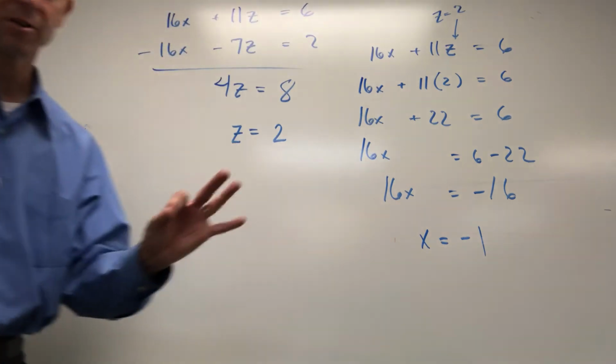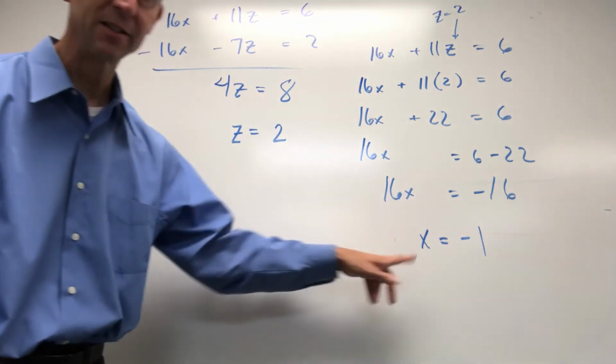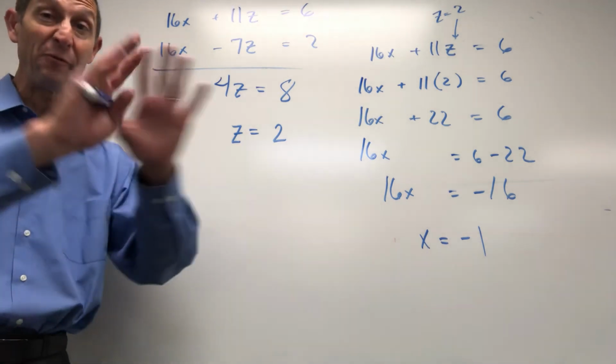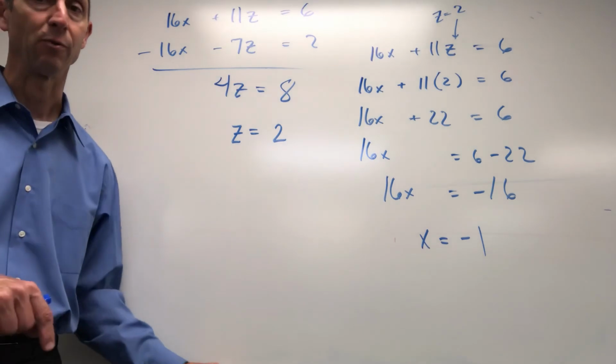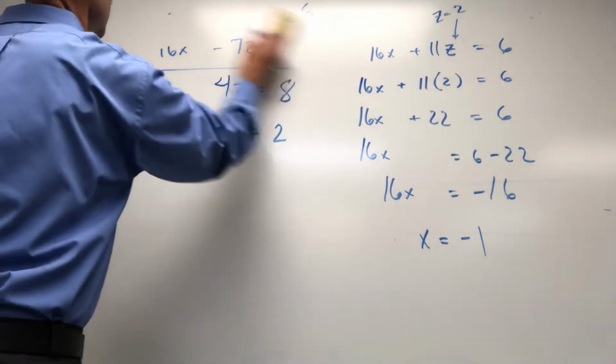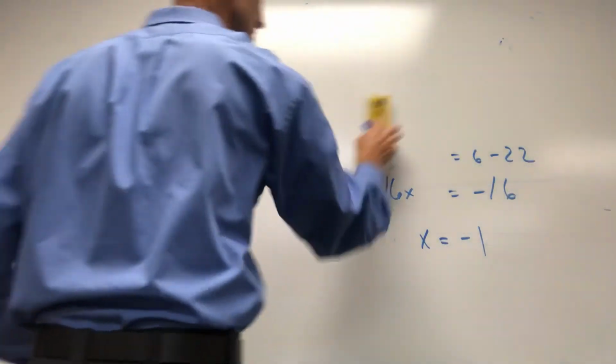So you've got to solve for 3 variables. You found z, you found x. Now you've got to go way back to the very beginning equation. Plug in these and you can get your answer for y. So let's go all the way back. I don't want to erase my 2 answers.